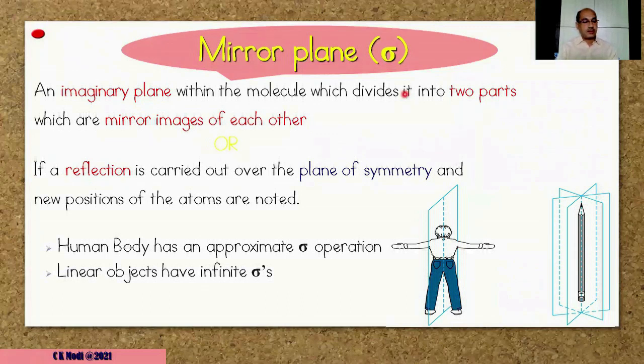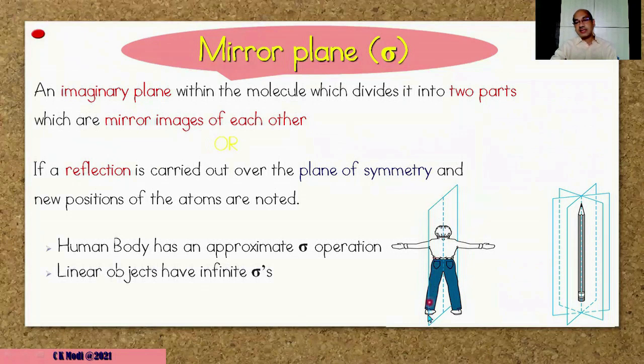Now the next one is called the mirror plane. Mirror plane is another symmetry element. What do we mean by mirror plane? A mirror plane is nothing but an imaginary plane within the molecule which divides it into 2 parts, and both parts are mirror images of each other.